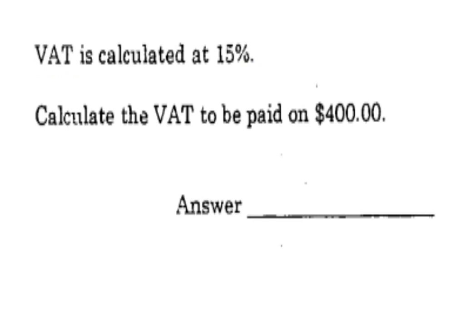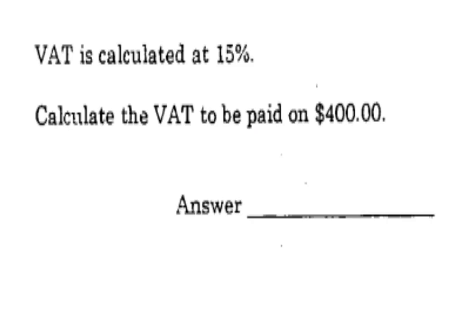But the thing with VAT is that it's a percentage of the total cost of something that is going to be added. So if they ask you to calculate the VAT to be paid on $400, you went to a restaurant and spent $400 on your dinner.